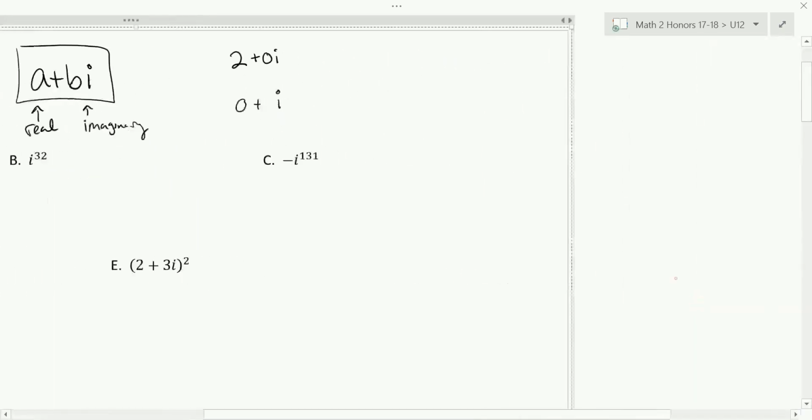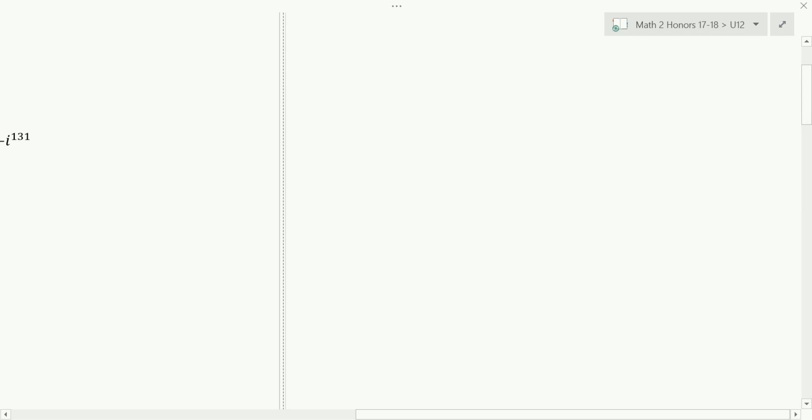And to do that, we need to look at, well, where did i originally come from? It came from trying to find the solution to the problem: what squared equals negative 1? If we took the square root of both sides, we got the square root of negative 1, and with our prior history that didn't make any sense, so we had to define i as the square root of negative 1.